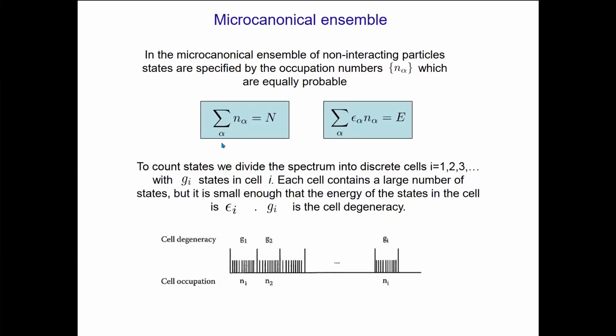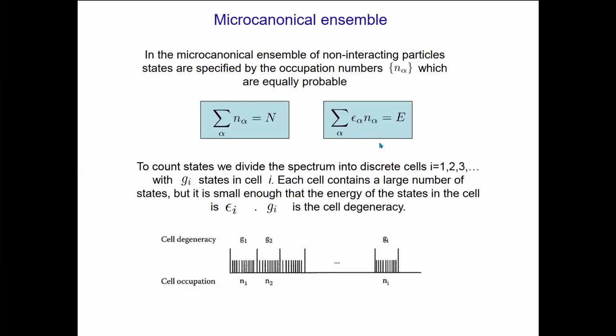So we impose two constraints: on the total number of particles in the system and on the total energy of the system, where index alpha labels the states or energy levels in our system. And we would like to understand what would be the most probable distribution of these occupation numbers in the thermodynamic limit.